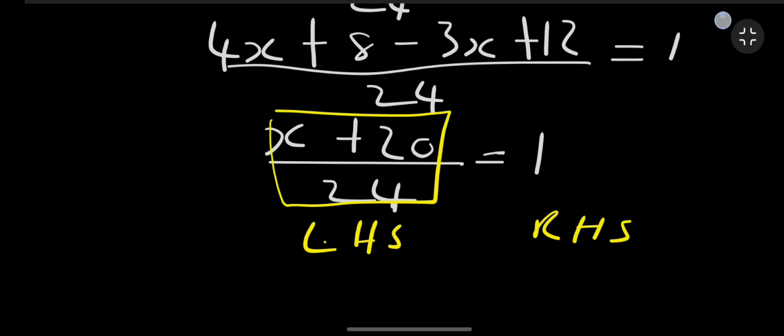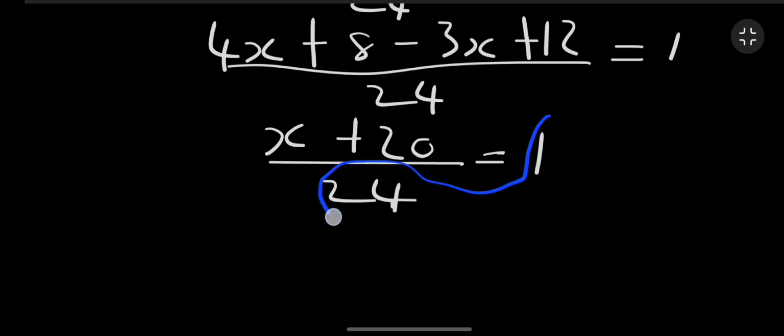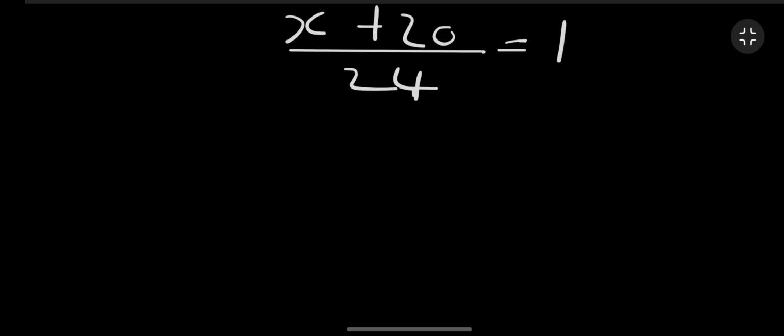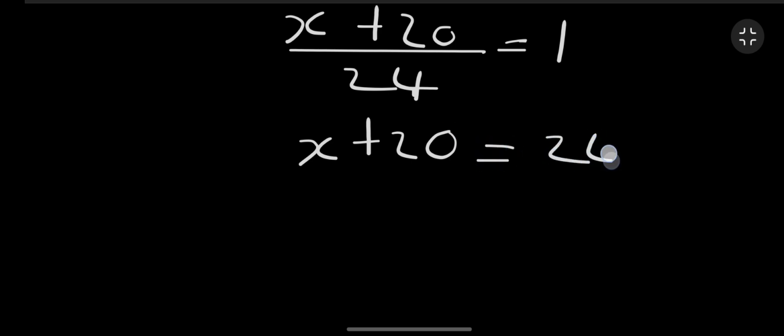So that means 24 is actually going to be multiplying with a 1, and this x plus 20 is going to be multiplied with a 1 here, because 1 is just simply 1 over 1. So this is going to be simplified to x plus 20 is equal to 24.